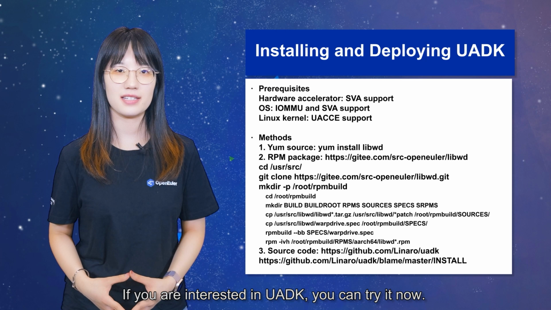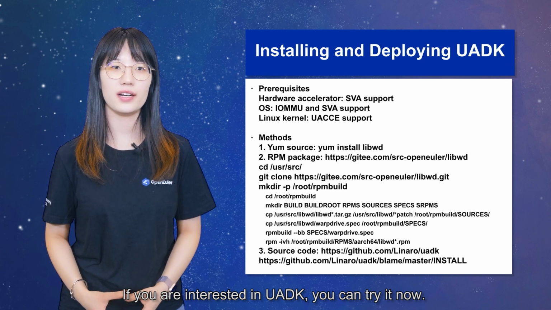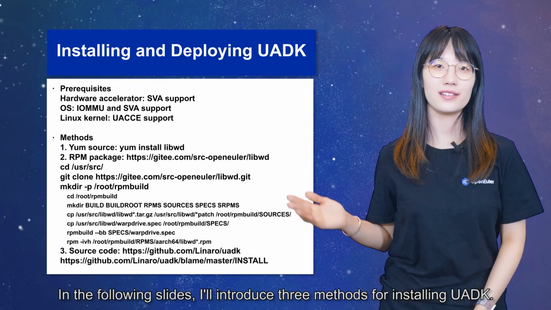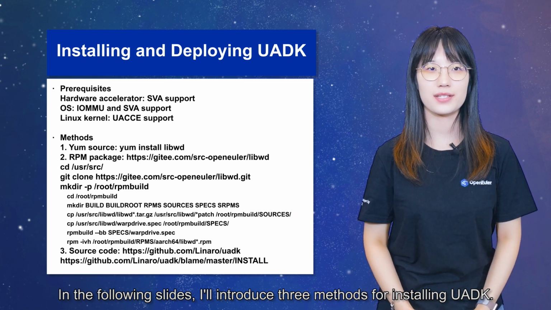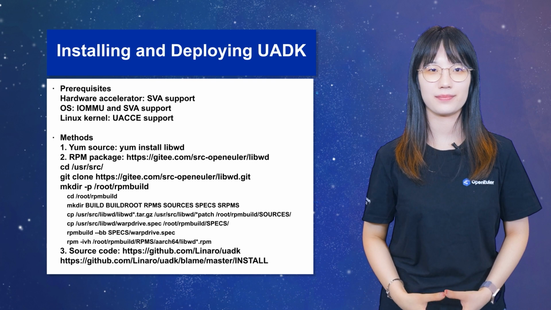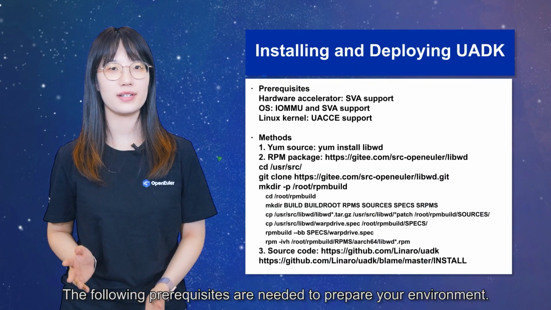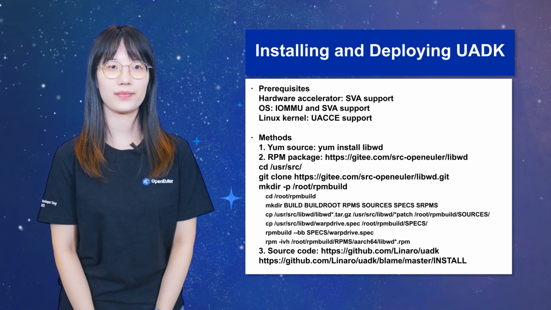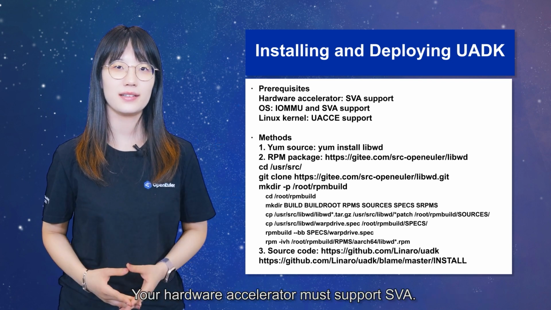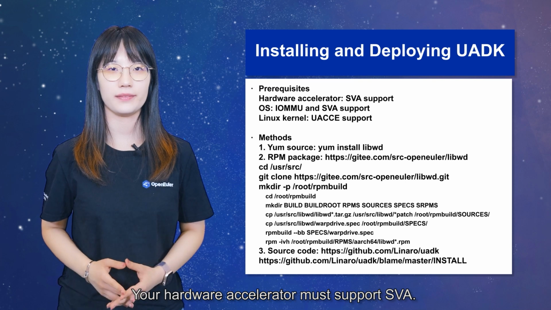If you are interested in UADK, you can try it now. In the following slides, I will introduce 3 methods for installing UADK. The following prerequisites are needed to prepare your environment. Your hardware accelerator must support SVA.